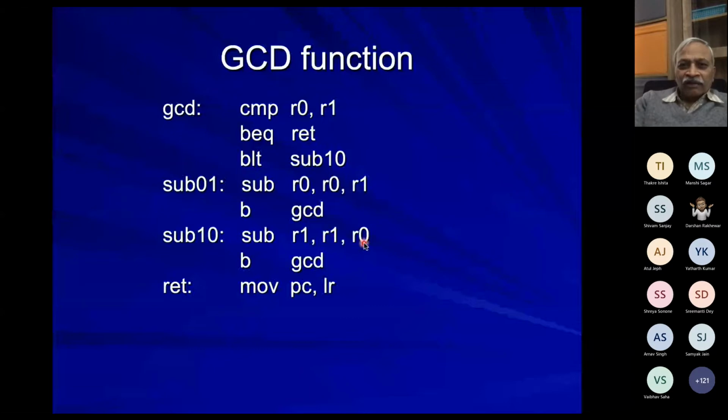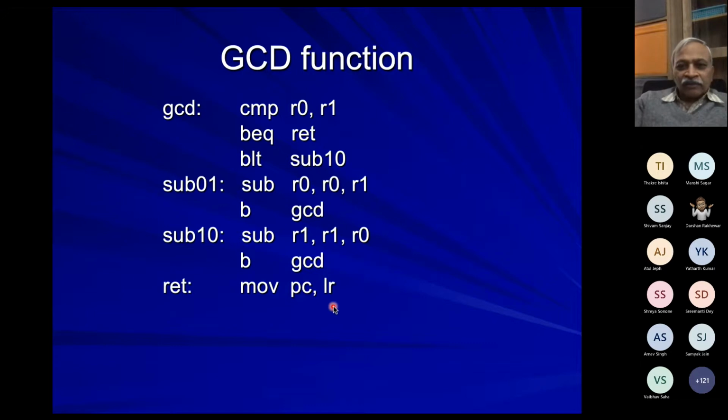So the smaller one is subtracted from the larger one. Otherwise, R1 is smaller and that is subtracted from the larger one. And in any case, we branch back to GCD and come out of this loop when the two become equal. At that point, we want to go back. So simply say move PC, comma LR. So this is the GCD function.